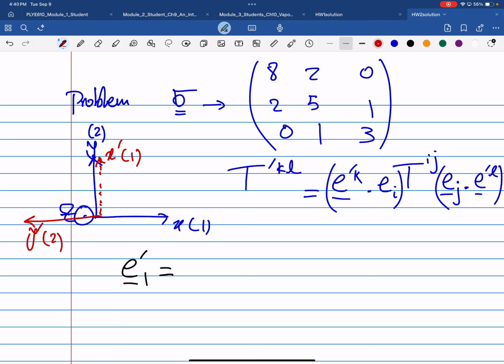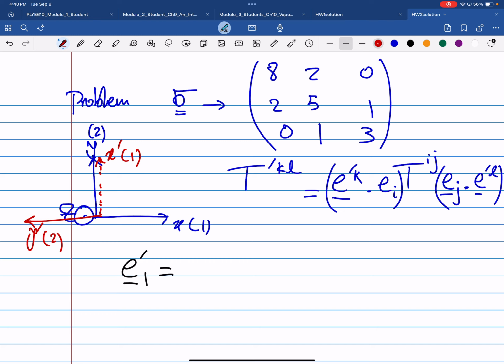So what is the basis vector if I do this type of transformation? The unit vector along the x prime is going to be... no, it is not going to be I. J. Right?